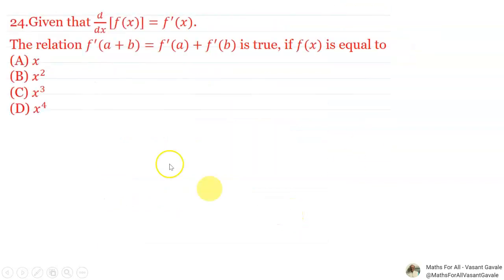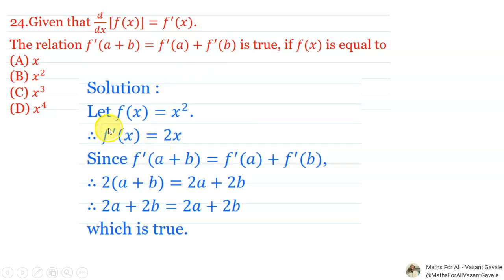Next example. Given that d/dx of f of x is equal to f dash of x, the relation f dash of a plus b is equal to f dash of a plus f dash of b holds if f of x is equal to, okay, let f of x be one of these; for example, we are taking option B. Let f of x is equal to x square.